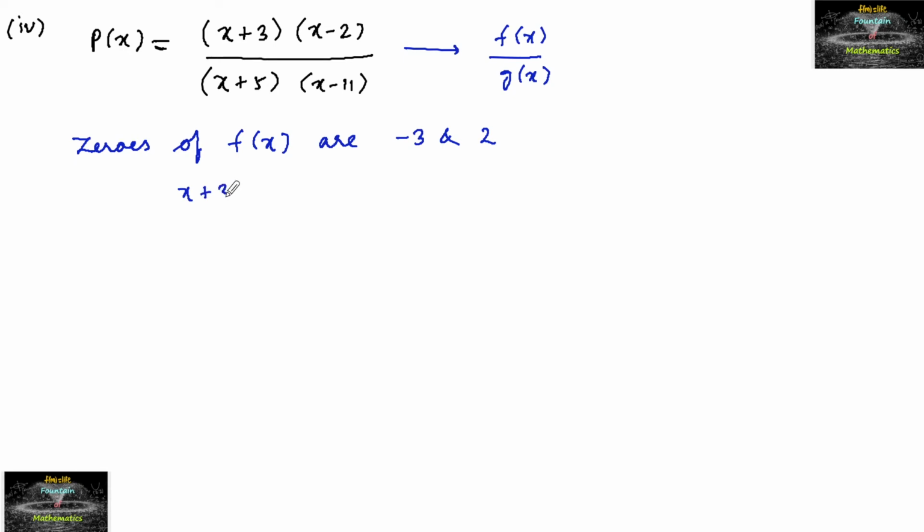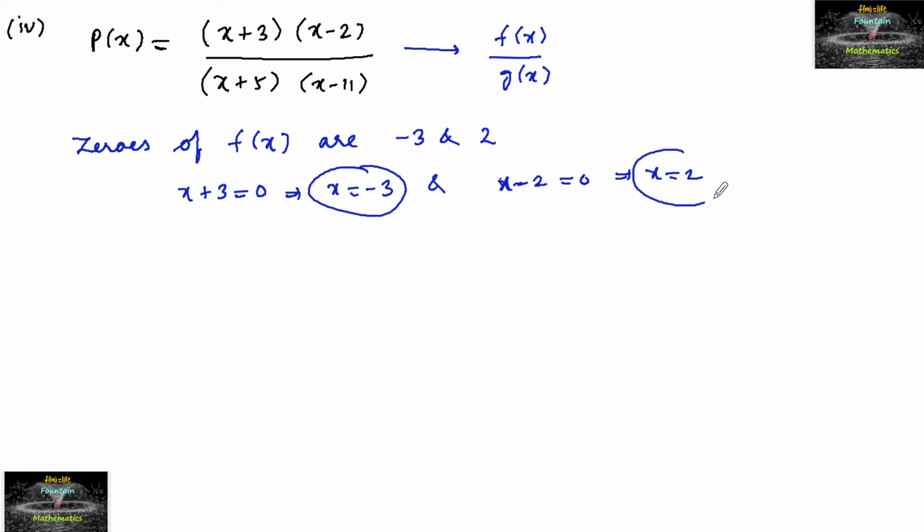Since for x + 3 = 0 we have x = −3, and for x − 2 = 0 we have x = 2. So x = −3 and x = 2 are the zeros of f(x), and similarly the zeros of g(x) are −5 and 11.